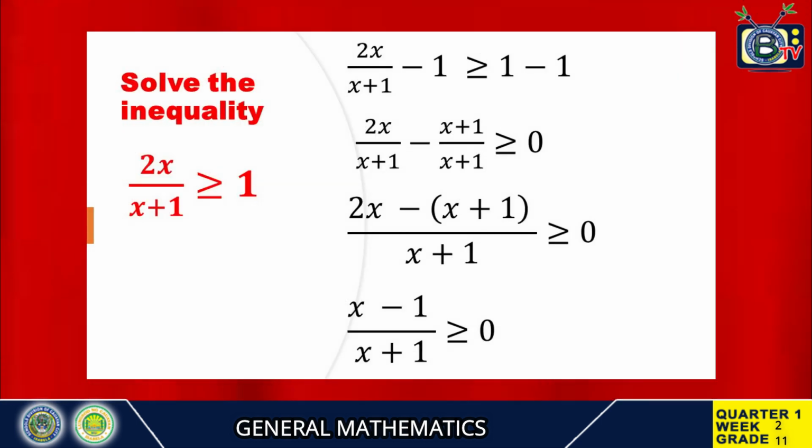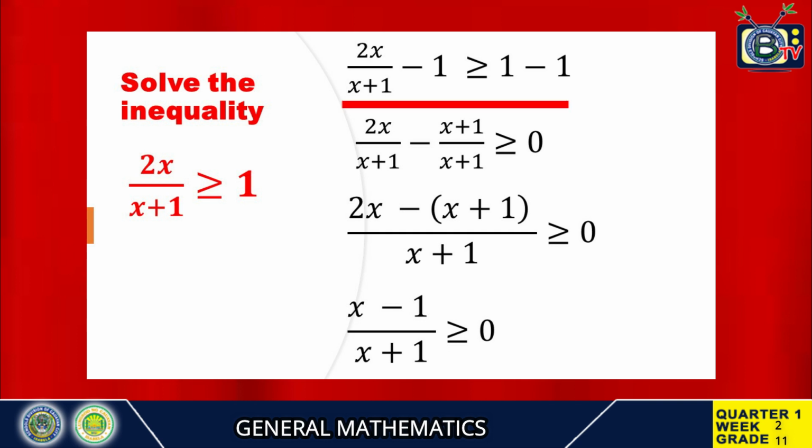Solve the inequality 2x over x plus 1 is greater than or equal to 1. First, rewrite the inequality as a single rational expression on one side and 0 on the other side. Subtract both sides by 1.